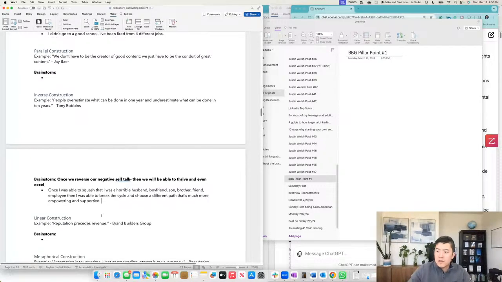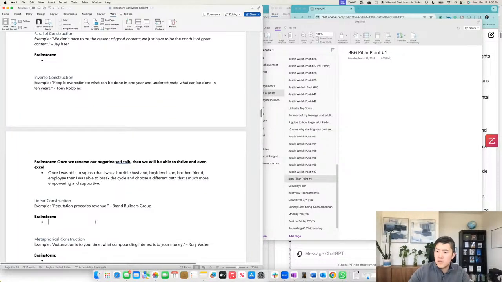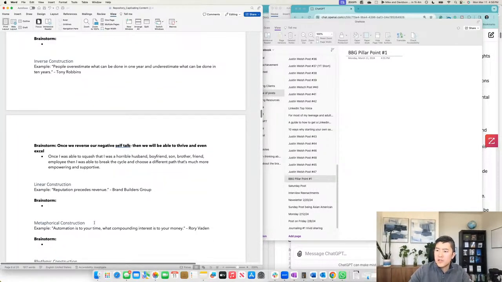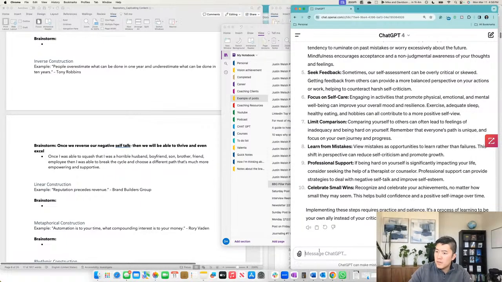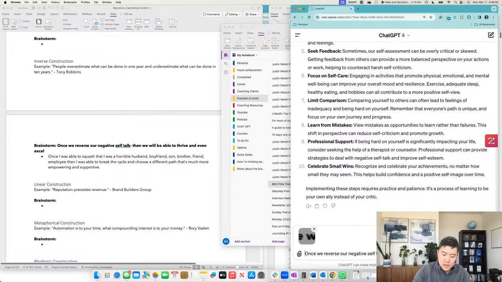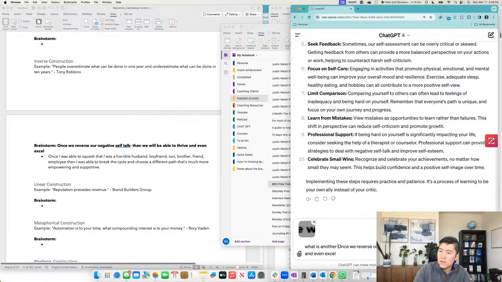A linear construction. Reputation precedes. Okay, what's another way of saying, using a linear construction?